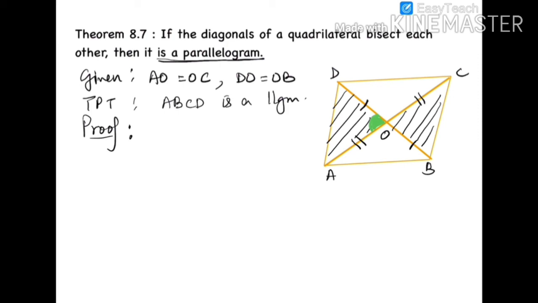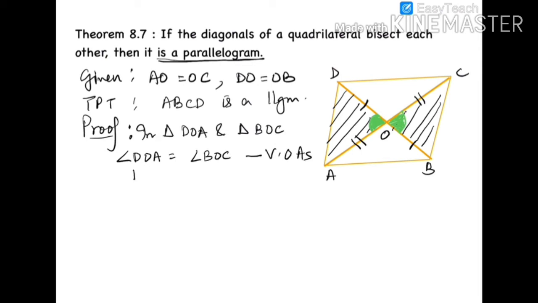In these two triangles, angle DOA and angle COB are equal. Why? Because they are vertically opposite angles. And we are already given DO equal to OB and AO equal to OC.